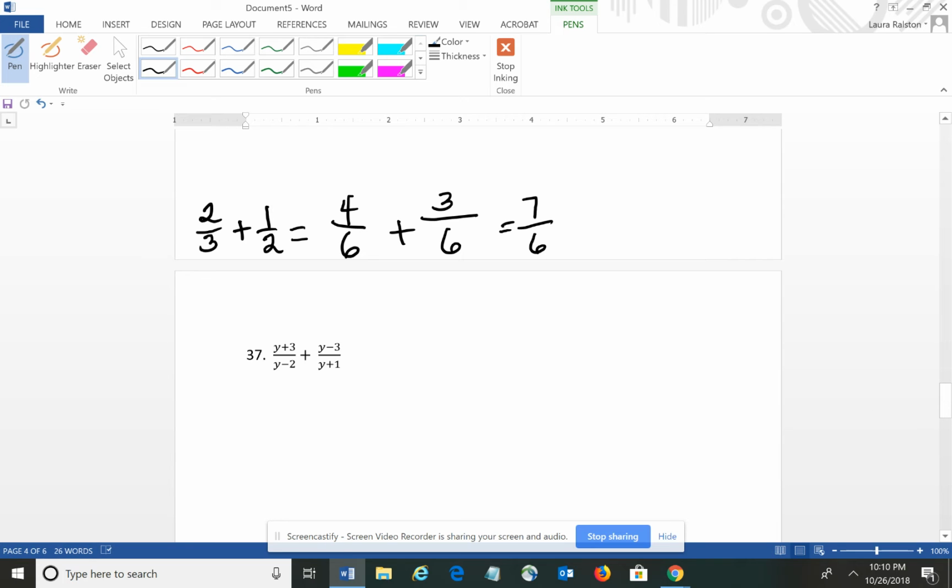That same concept applies to rational expressions. It's just not as nice looking because we have a polynomial like y minus 2 or y plus 1 in the denominator.